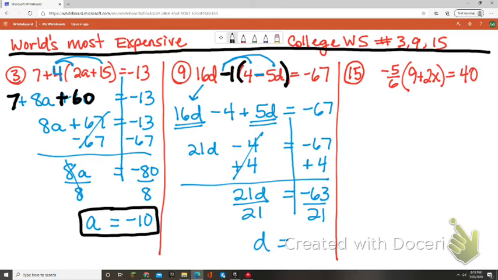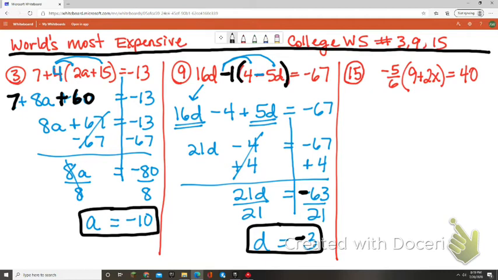And that leaves me with D equals negative 3. So again, watch your signs. You have a negative divided by a positive, which gives me a negative in the final answer. So all that integer work that you guys are working on throughout summer school pays off when you're solving equations.